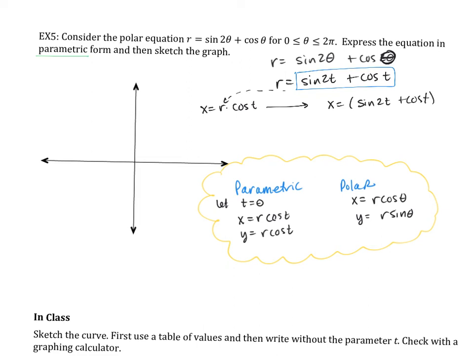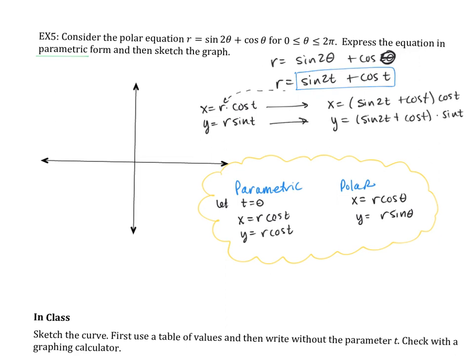And x is equal to r cosine t, so we still need to multiply by cosine t. Whoops, y is equal to r sine t. Just using substitution, replace r with sine of 2t plus cosine of t, and then that's multiplied by sine t.